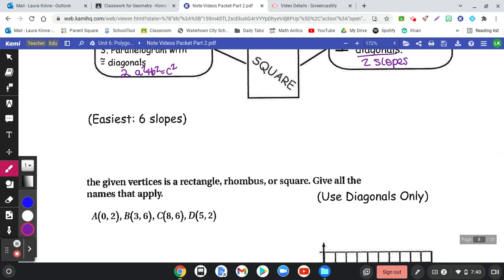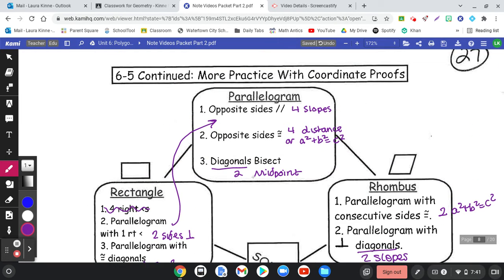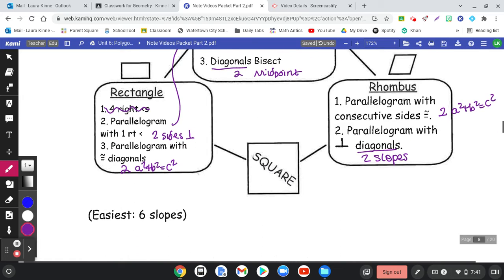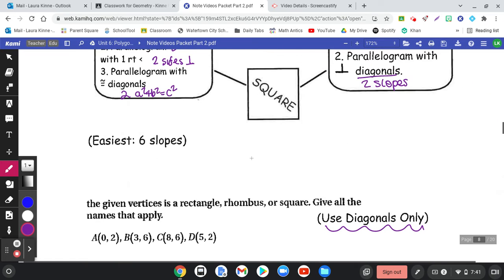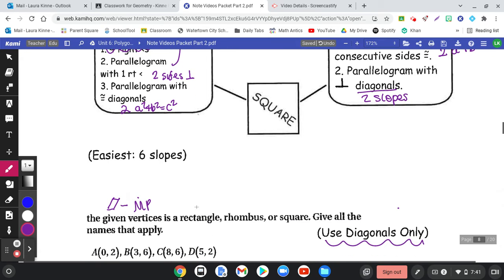So this first example tells us to use diagonals only. So let's go back up and see what it wants us to do. To show it's a parallelogram, show that the diagonals have the same midpoint. I don't have a parallelogram here, so you have to prove parallelogram before you prove these three. To show that it's a rectangle, we're just using the diagonals, show that they're the same length.